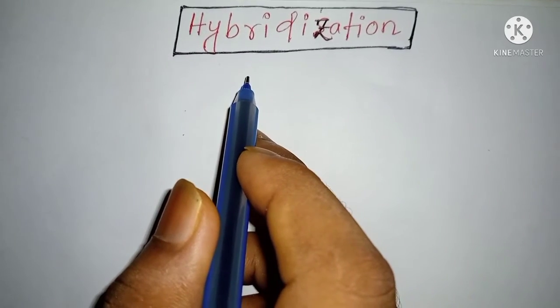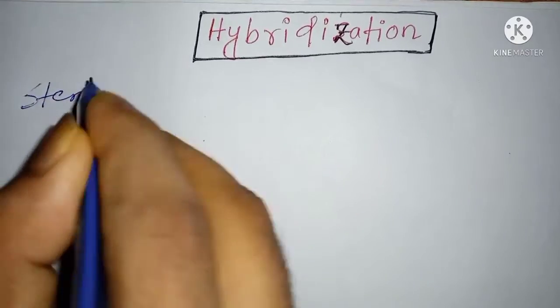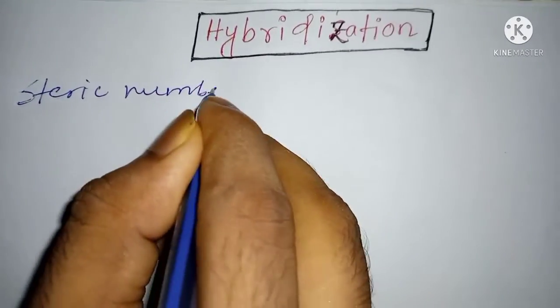Hybridization is calculated with the help of the steric number formula.